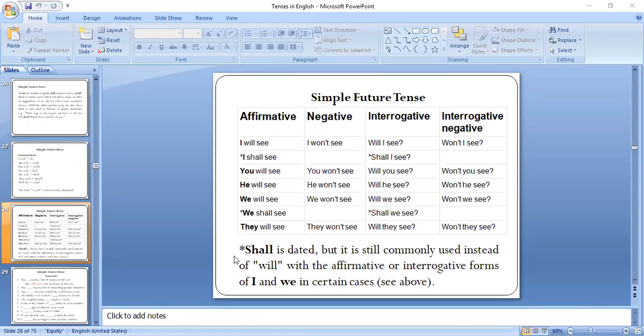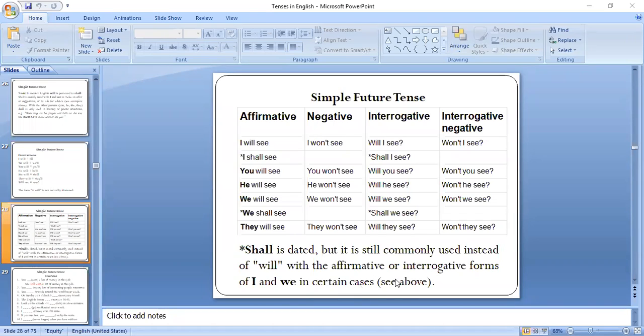The majority of us are using will after I and we, but shall is also used for the affirmative and interrogative forms of I and we.